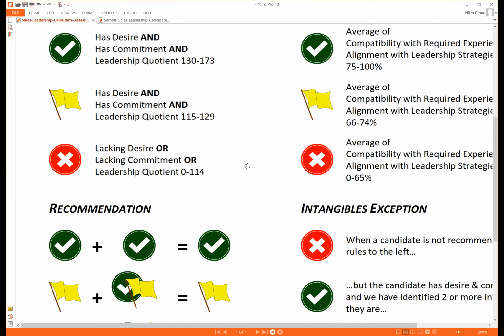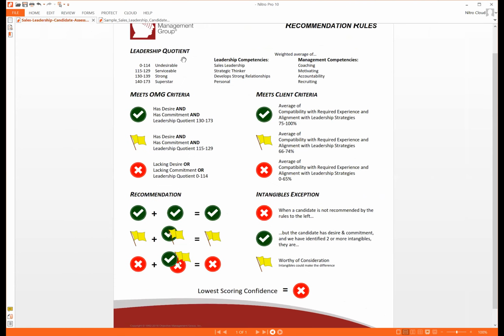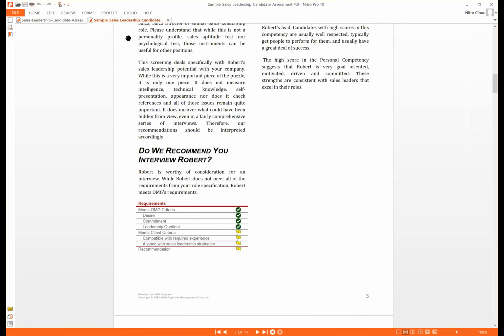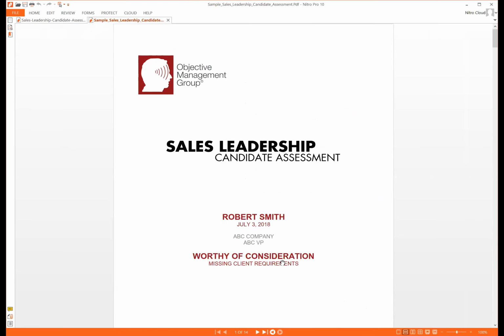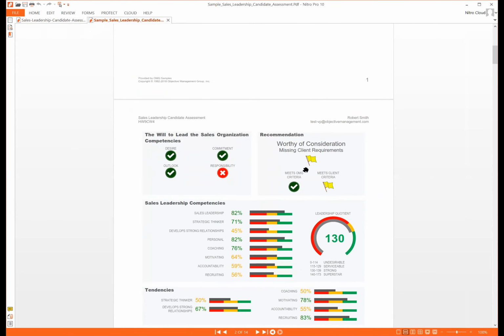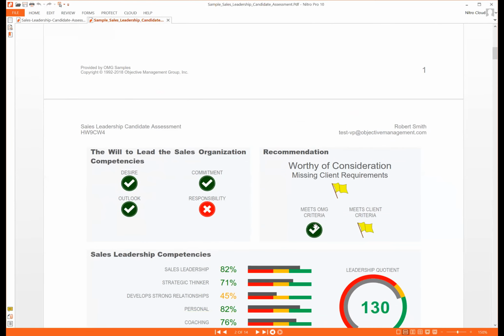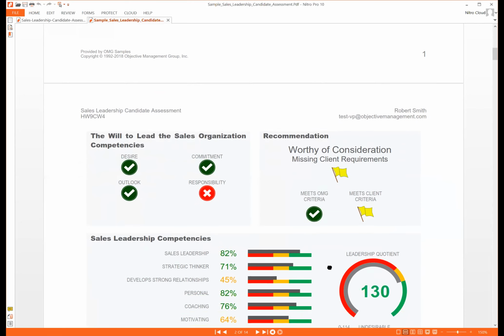So let's take a look at our sample sales leadership candidate assessment. This individual is worthy of consideration because they're missing the client requirements. Let's see what's going on here. As you can see on the dashboard, it says they're worthy of consideration. They meet the OMG criteria, but they're marginal on the client criteria.